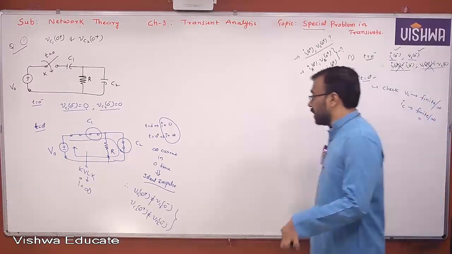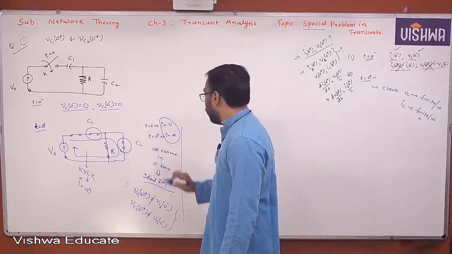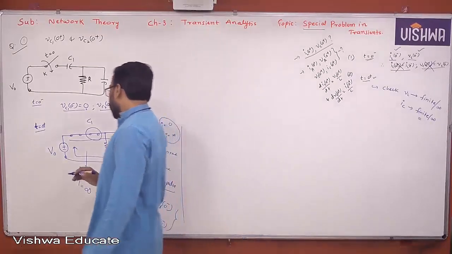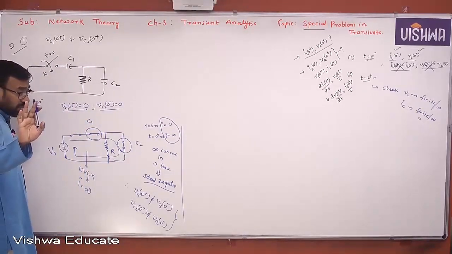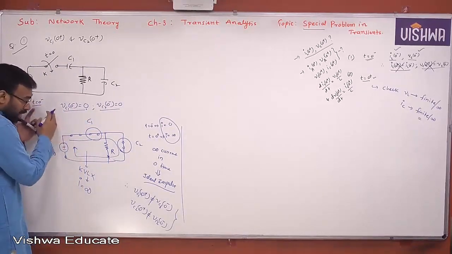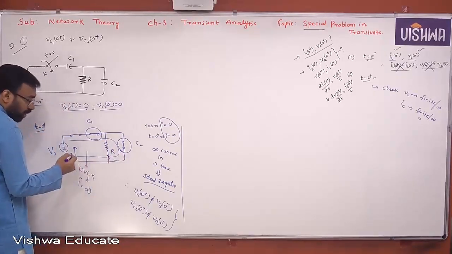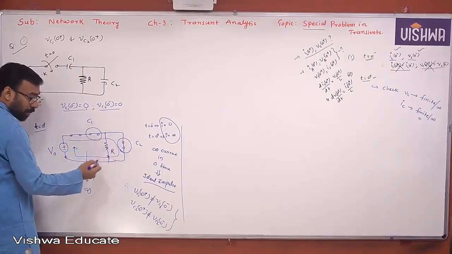Now look at this. It's a very interesting and very important point to be observed. As soon as you close the switch, listen to me carefully here. Now an ideal impulse current is flowing through the circuit, through capacitor 1 and capacitor 2.